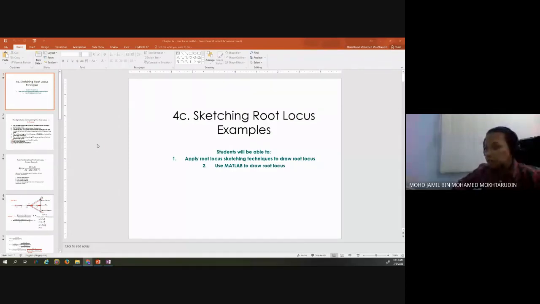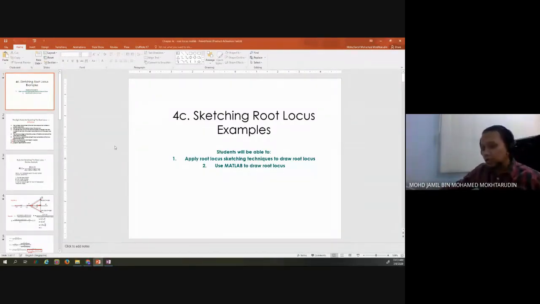Okay, so today hopefully I can explain to you, and if you have any question, just ask me, because sketching root locus is quite complicated and requires experience and understanding. Okay, so if you have any problem in understanding my sketch, my calculation, just let me know.